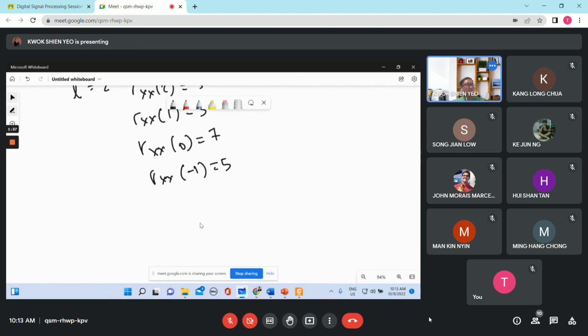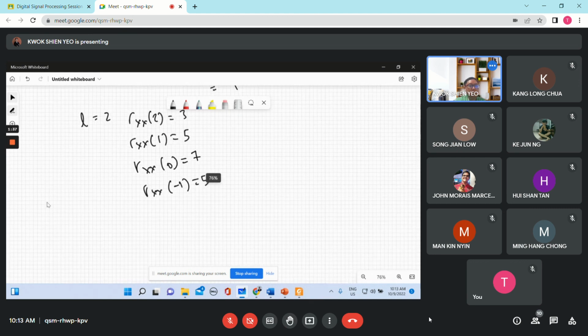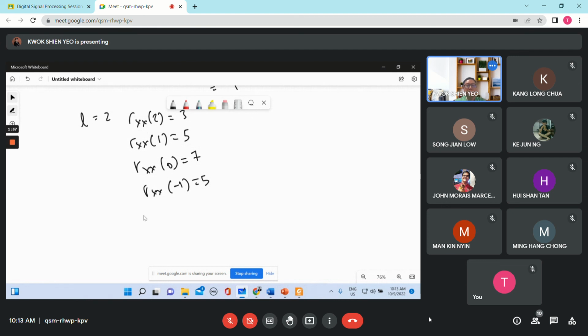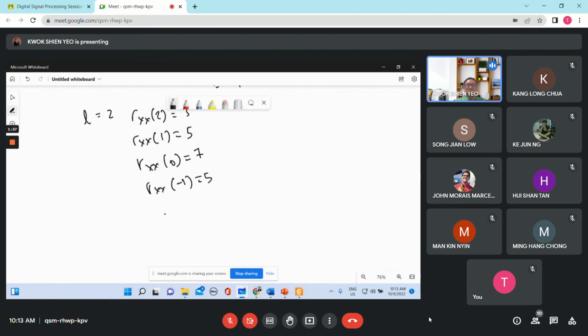What else? When should you stop? It is when you are moving the window of xn until it arrives at 0, so there are infinite zeros that come up, and you should stop right there. So Rxx minus 3, we got 1.